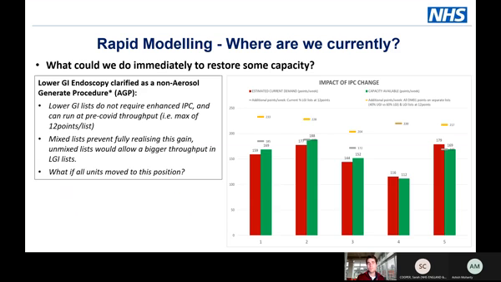And some units increase, other units don't, and that is because for the most part they weren't running any lower GI lists. All of their lists were mixed. So there is no gain to make because there is no current proportion of lower GI lists. The yellow bar is what would happen if we took all of the DMO lists, all the diagnostic lists on a rota, and you separated them all out into either upper GI or lower GI, at a 40 to 60% favor to lower GI, and you moved all of those lower GI lists to 12 points.